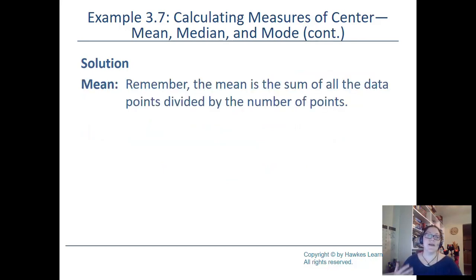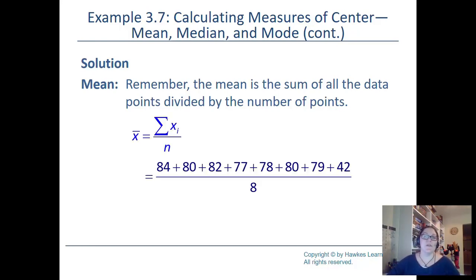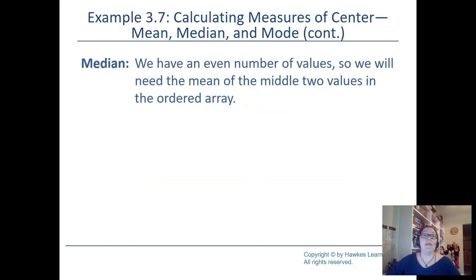Okay, so now that you've had time, remind yourself that for your mean, remember to sum up all your data points and divide by the total number of points. In our case here, when you add them all up, you should have ended up with 75.3. Again, you do have the option to use the calculator to help you with this. Median, we will need to have put these in number order from smallest to largest.